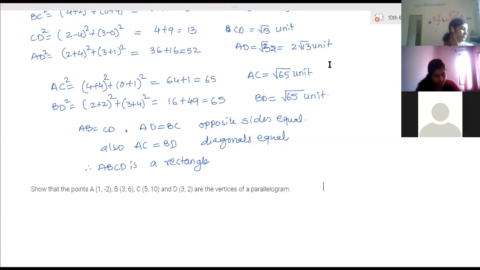The next question. This is R.D. Sharma's 7th question. Earlier one is 6th question.